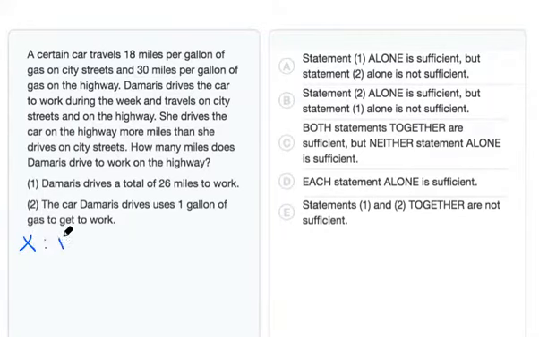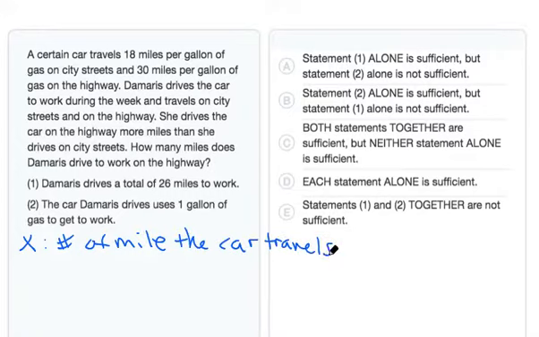Let x be the number of miles that the car travels on city streets. And let's call y the number of miles that the car travels on the highway.